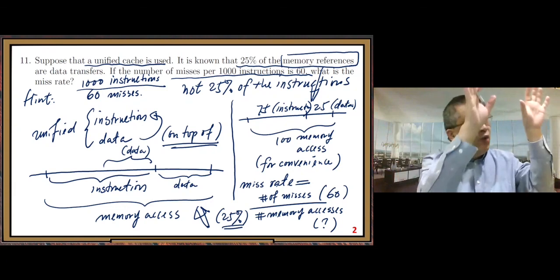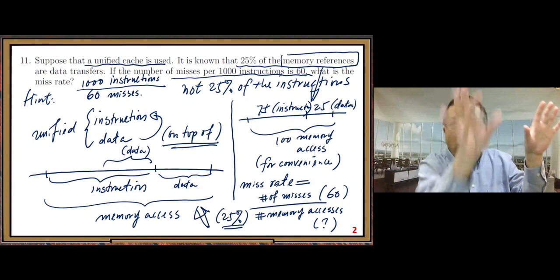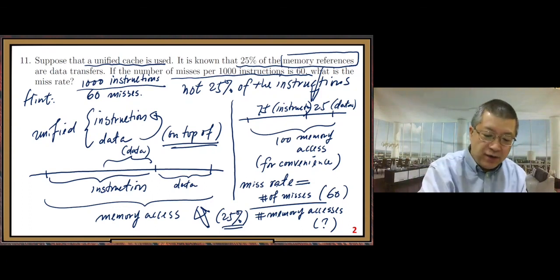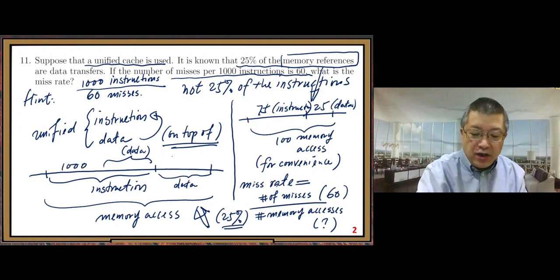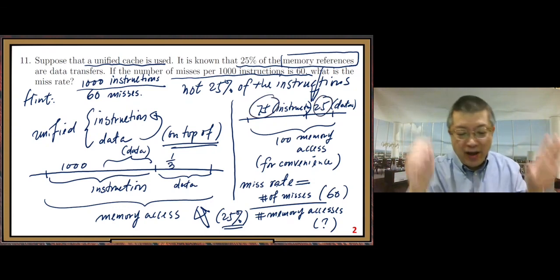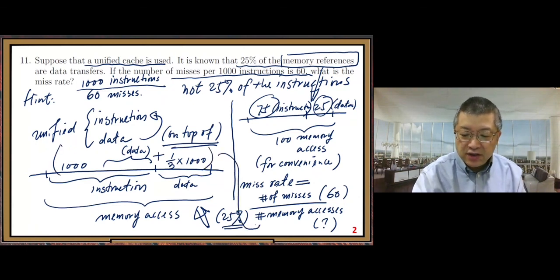When you have 1,000 instructions, you need 1/3 extra data accesses, because 25 from 75 is 1/3. Adding 1/3 of data accesses together with the instructions, that's the total number of memory accesses.